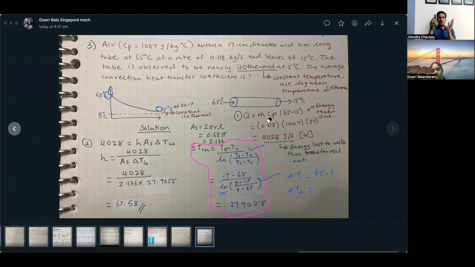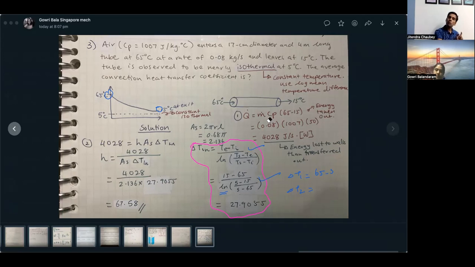One body is emitting, another body is receiving. That net exchange is basically heat transfer. It can be equated with the heat lost by the body, and the formula for heat lost by the body is mCp dt.